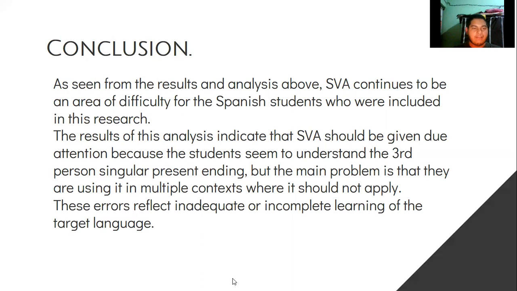They could add the letter S to the modal, and say "she cans" or "she can says" instead of "she can say." So it is an overuse of the third person, because they are not familiarized with English, and they need to practice more the third person singular.